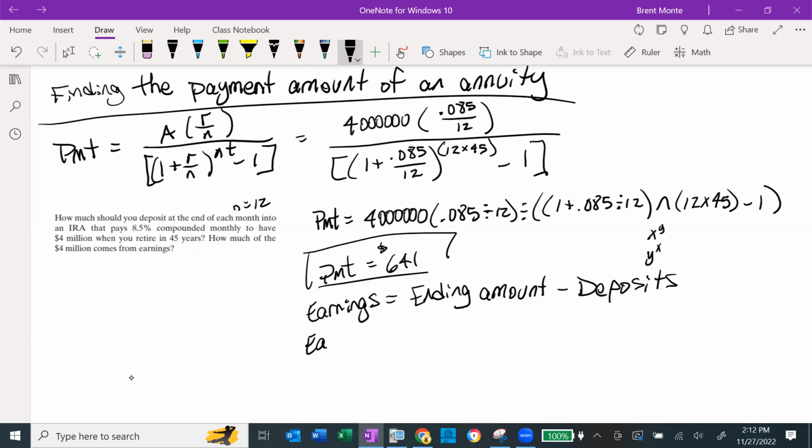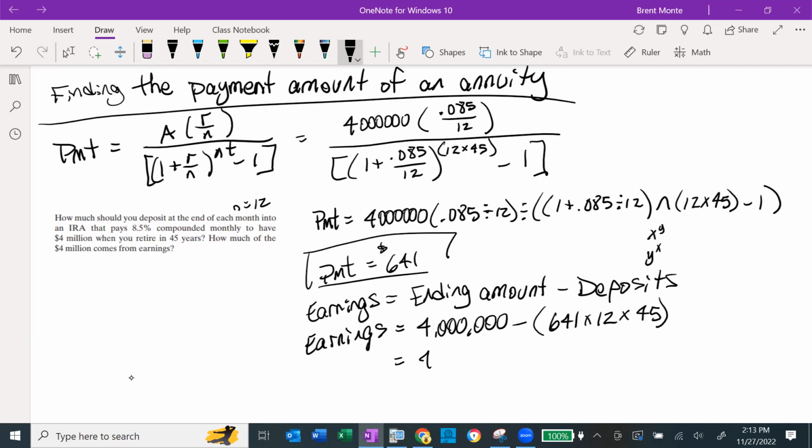So the earnings, well, we ended up with $4 million. Minus, let's put this in parentheses, we deposited $641, 12 times a year for 45 years.